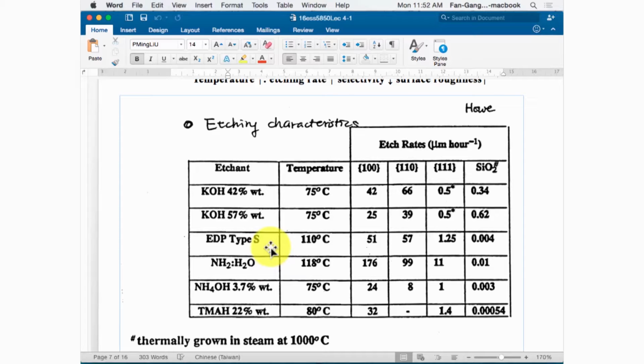The other etchants, for example, like hydrazine, is a rocket fuel material. It's also harmful for your health, so people are not using this anymore. And the other one is ammonia. Ammonia is also okay to etch, but you can see the ratio between 2 planes, 111 plane and 100 plane, is not high enough to give a very good contrast.